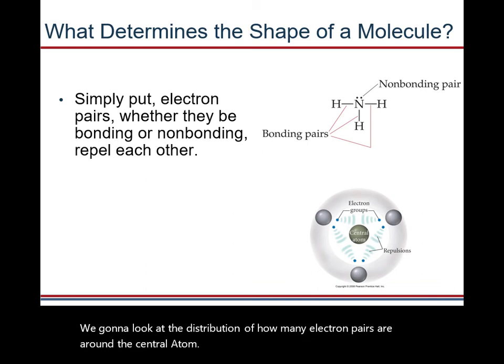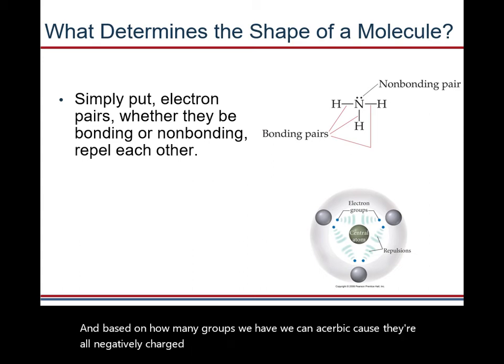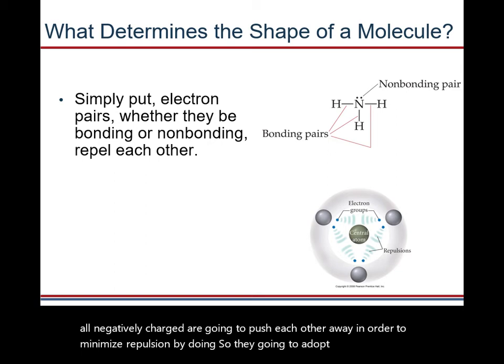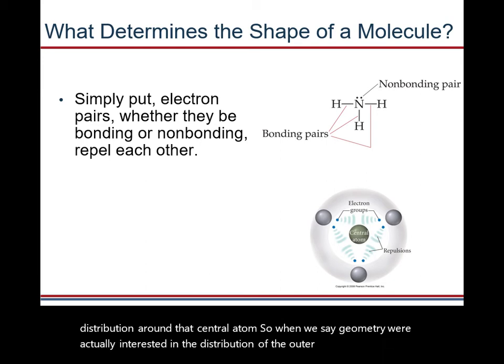And based on how many groups we have, because they're all negatively charged, they are going to push each other away in order to minimize repulsion. By doing so, they're going to adopt a geometry, a nice distribution around that central atom. So when we say geometry, we're actually interested in the distribution of the outer atoms relative to that central atom.